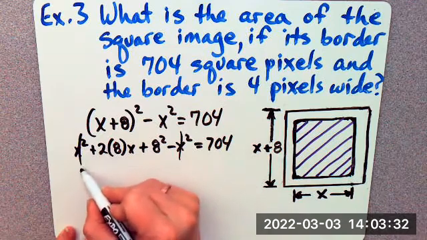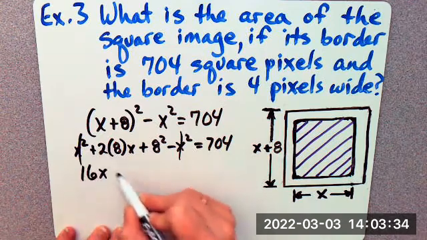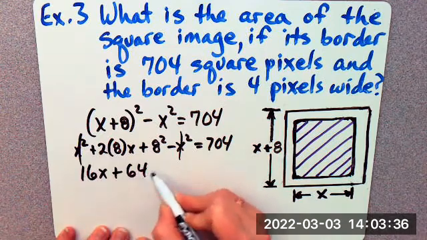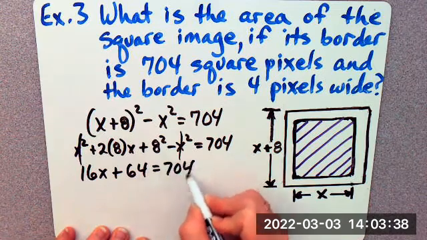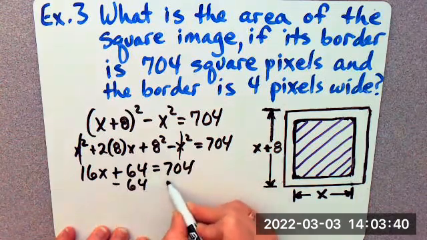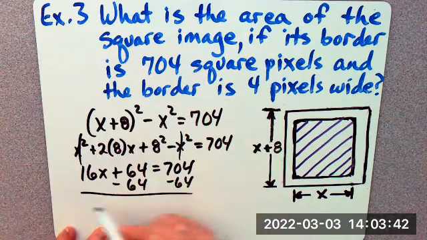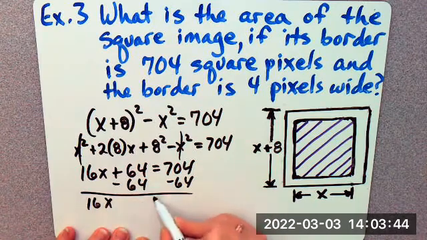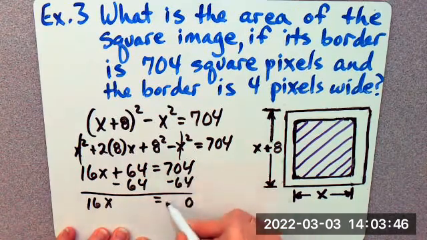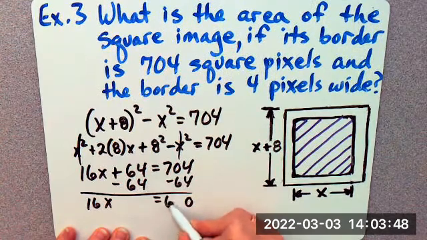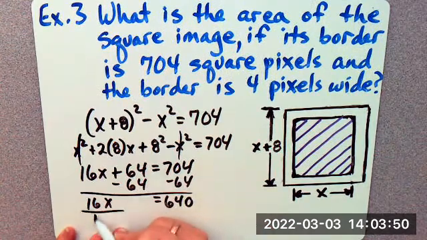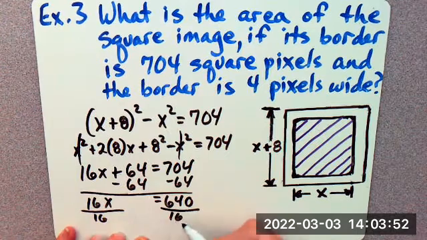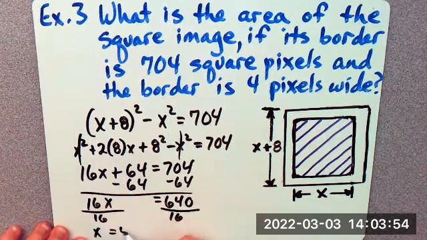And 2 times 8 is 16x plus 64 equals 704. We use an additive inverse and we get 16x equals 640, divide by 16, and we get x equals 40 pixels.